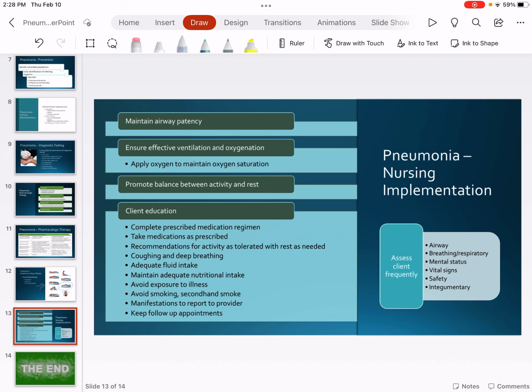Pharmacologic therapy, so pneumonia that is caused by bacterial microorganisms, which the most common causative agent is, like I said, Streptococcus pneumoniae. That is a bacteria. So those bacterial infections would be treated with an antibiotic that would be to eradicate the infection.